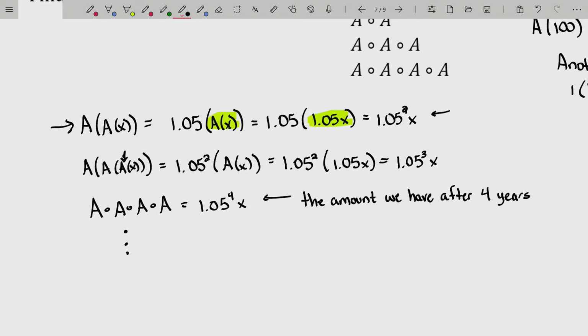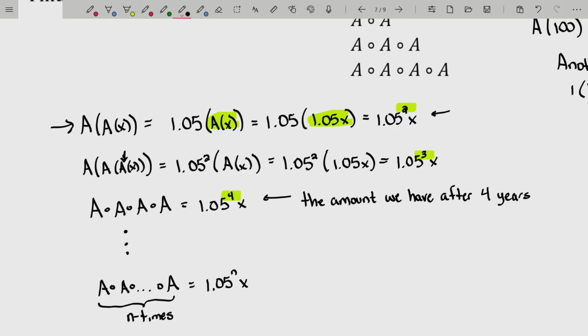And let's just pretend, jot this down. Let's suppose that you had a composition that did this, and this composition went, let's pretend, n times. So you compose A with itself n times. Well, just looking at the pattern here, 2 compositions gives me a square, 3 compositions gives me a cube, 4 compositions gives me a 4, then n compositions should give me 1.05 to the nth power times x.